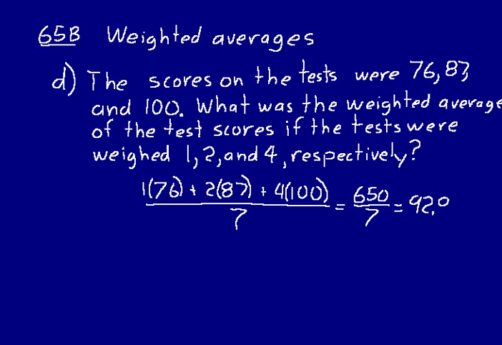So that's the weighted average of those test scores. When you're doing weighted average problems, the weights tell you how many times each value counts, and then you end up with a total count, and that's what you divide by to get your average. Okay, that's all for lesson 65.